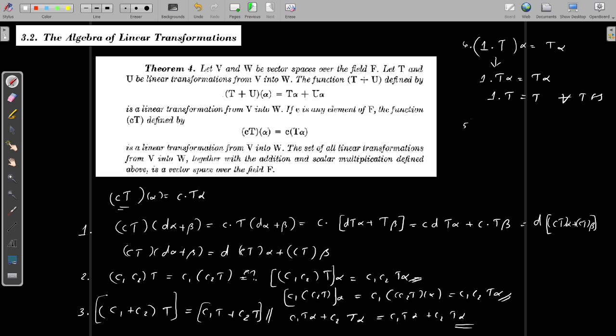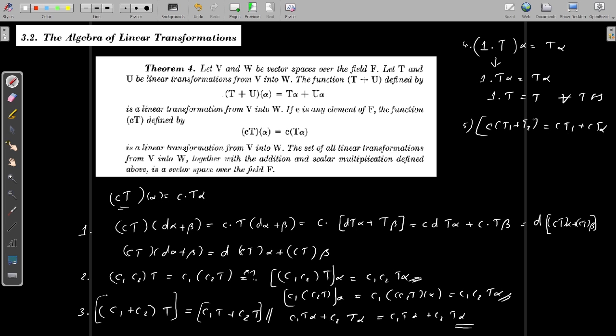Now finally we have the fifth, that is C times T1 plus T2 is the same as C T1 plus C T2. Okay, this can be proved by evaluating each side, LHS and RHS, at alpha.